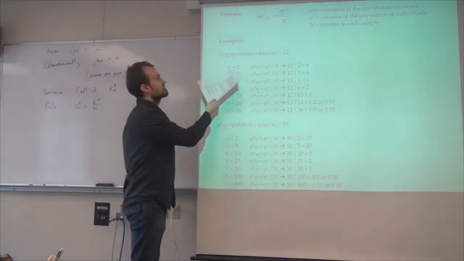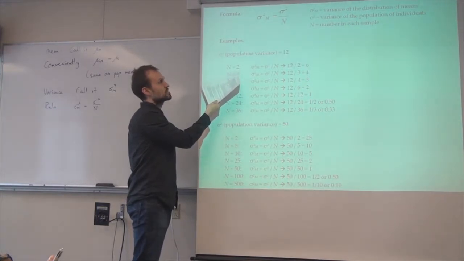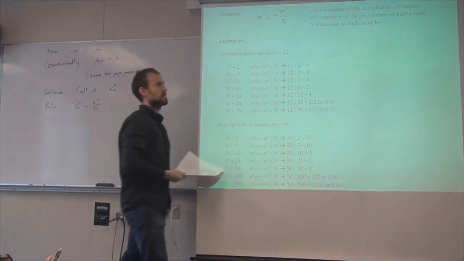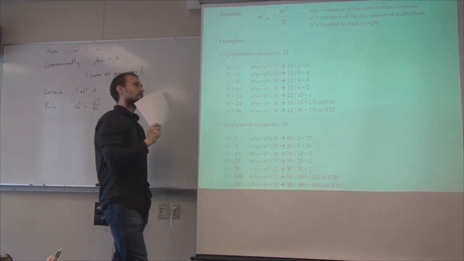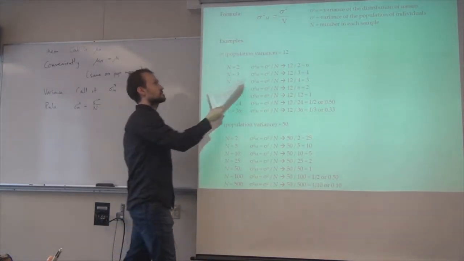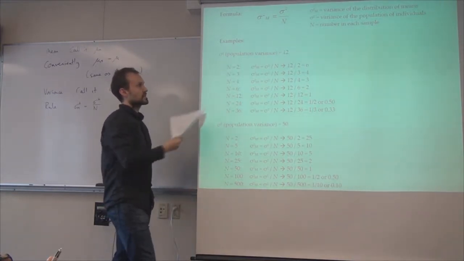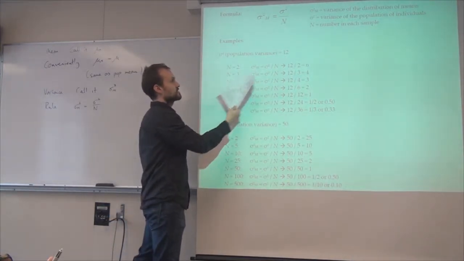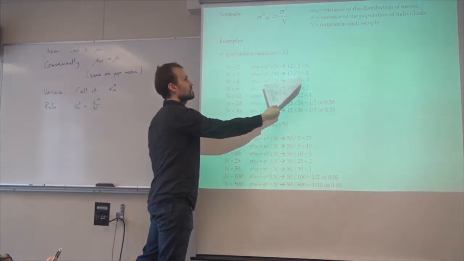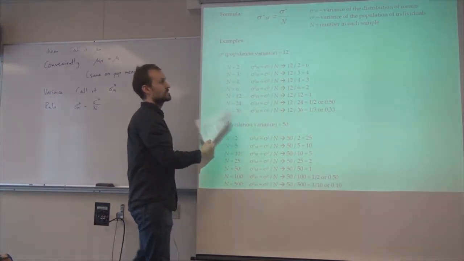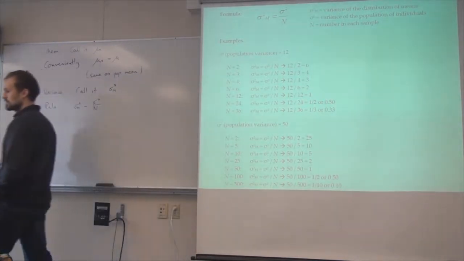If I have a sample size of 2 people, 2 individuals, then it will be 12 divided by 2. Let's call this the variance of means, the 6. If I have a sample size of 3, then it's 12 divided by 3. 12 divided by 4, 12 divided by the size of the sample.